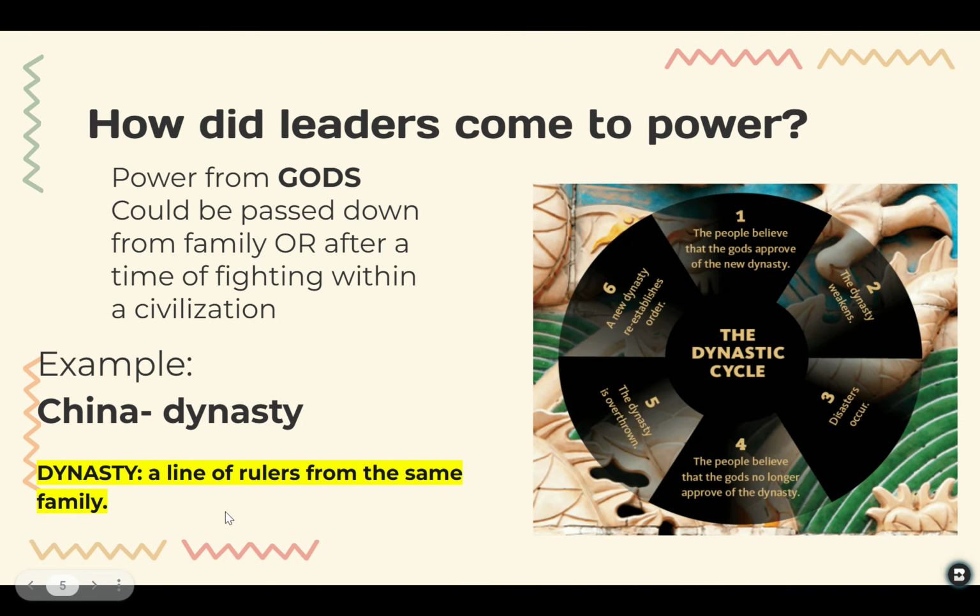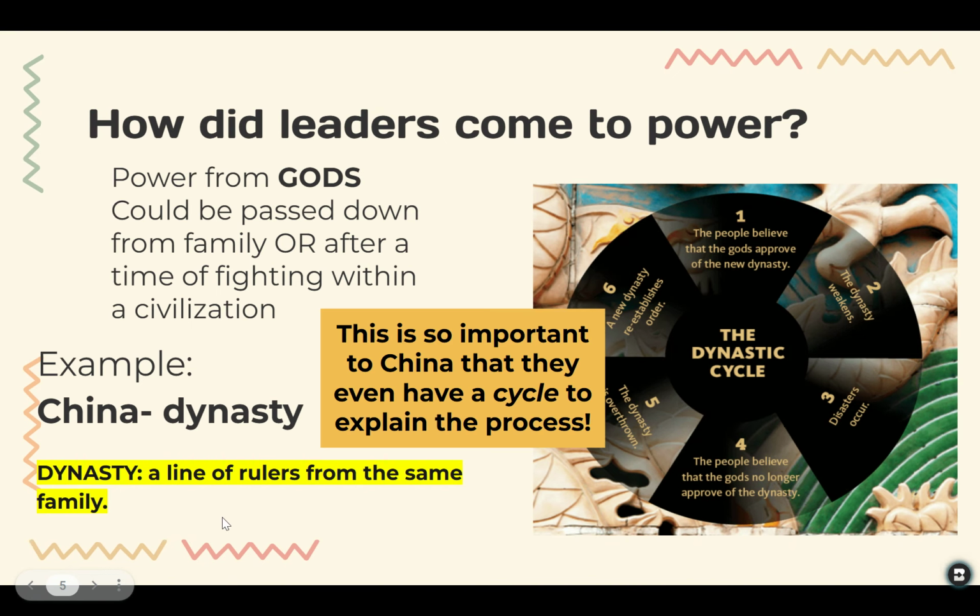Now, this idea of the dynasty was so important that there was even a cycle to explain the process. Basically, China's dynastic cycle said that when a ruler, an emperor, came to power, it was because people believed that the gods approved this dynasty.